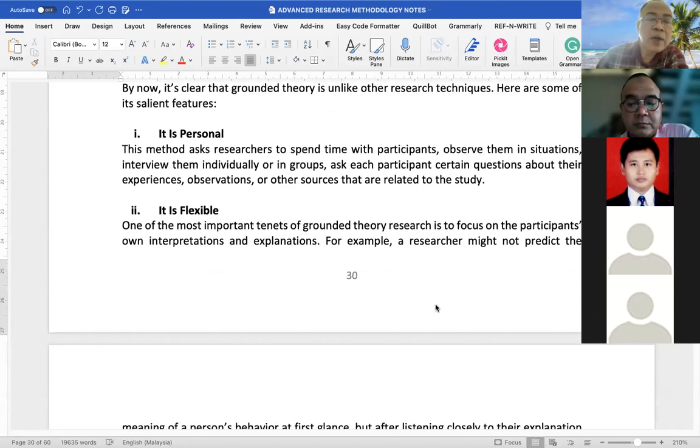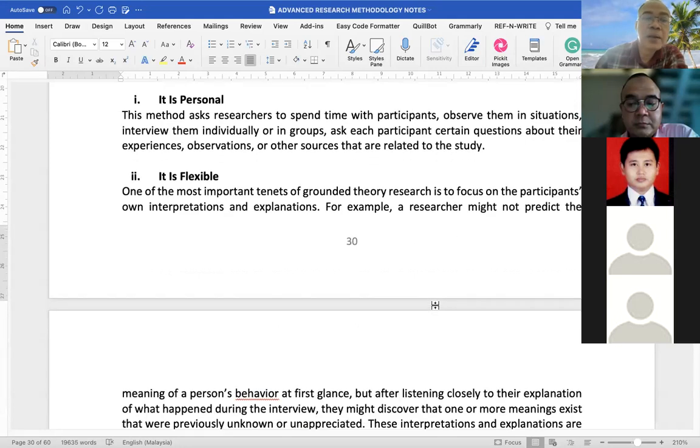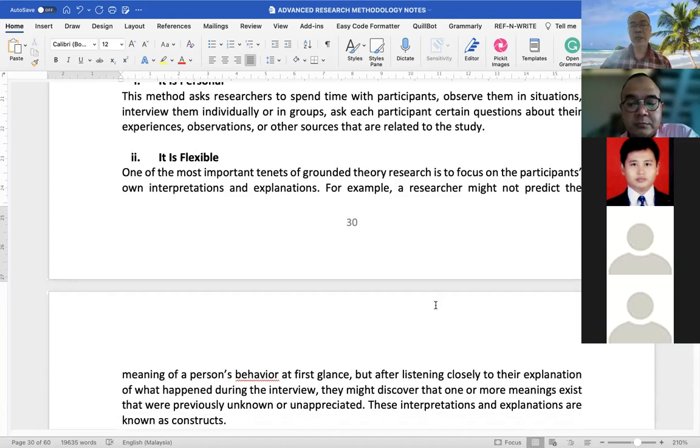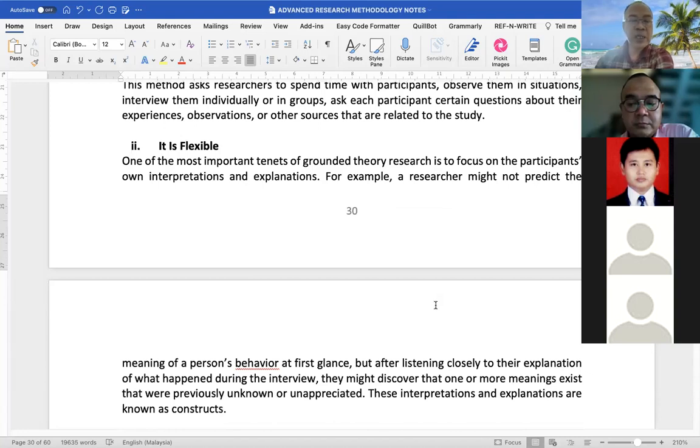Features number two, it is flexible. Okay, so it is flexible. It depends on the researcher on how and what kind of the data the researcher wants to collect. For example, a researcher might not predict the meaning of a person's behavior at first glance, but after listening closely to their explanation of what happened during the interview, they might discover that one or more meanings exist that were previously unknown or unappreciated.